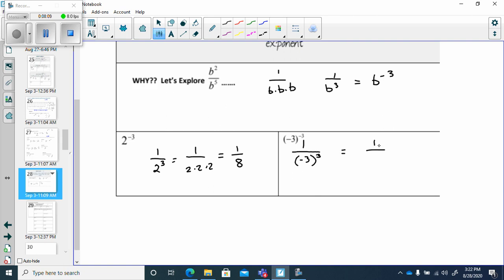That would be 1 over negative 3 times negative 3 times negative 3. Negative 3 times negative 3 is 9, times negative 3 gives me negative 27. 1 over negative 27 is the same thing as negative 1 over 27.